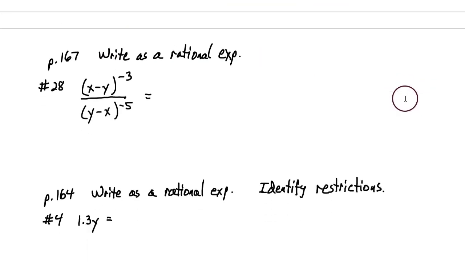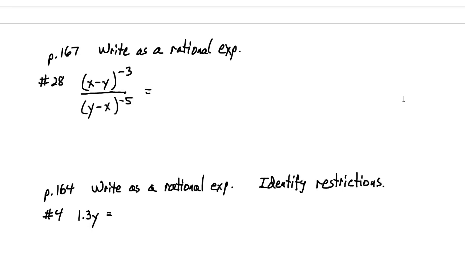On page 167, we were writing rational expressions, taking expressions and writing them with a numerator and denominator. I see that we have negative exponents, so let's take reciprocals. The x minus 1 to the negative 3 will move into the bottom and now have a positive 3 exponent.